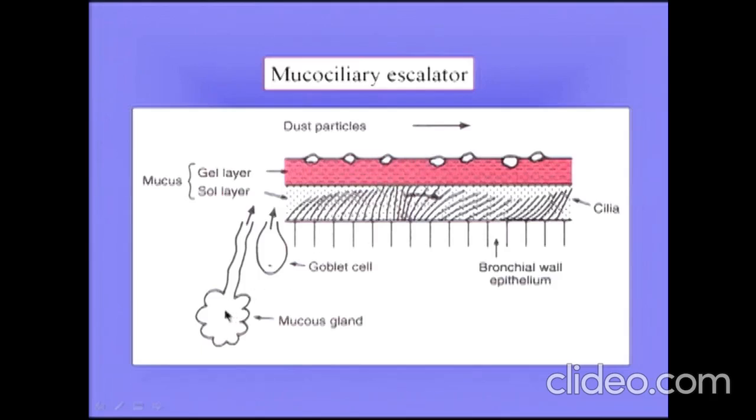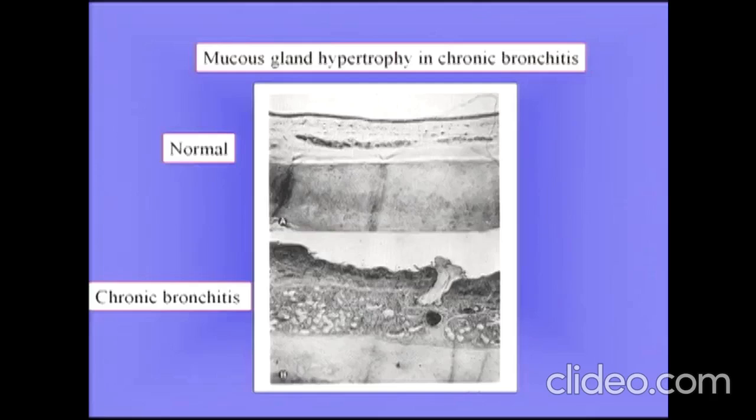And the mucus, by the way, not only comes from the mucus glands that I showed you in the previous slide, with their duct leading the mucus to the surface, but also from goblet cells that are located in the bronchial wall epithelium here.